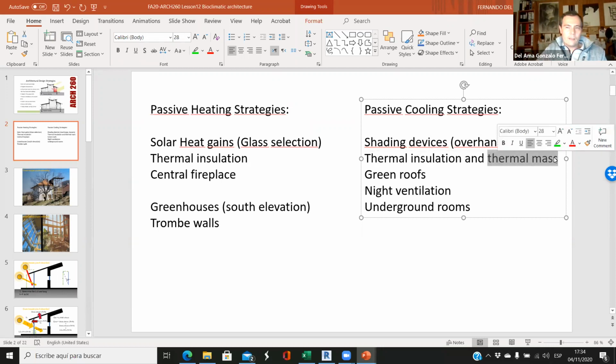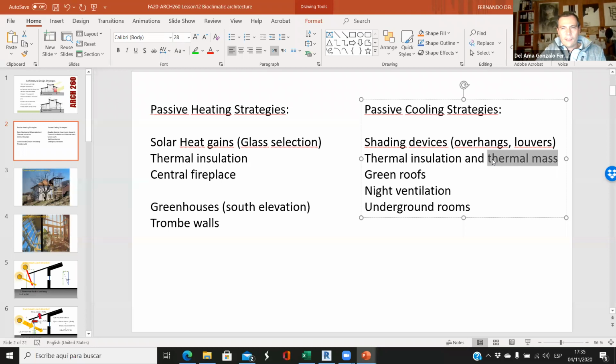So we need heavy roofs and heavy walls, using brick, stone, concrete. Wood is not heavy. Wood is good for cold countries, but it's not as good for hot countries.